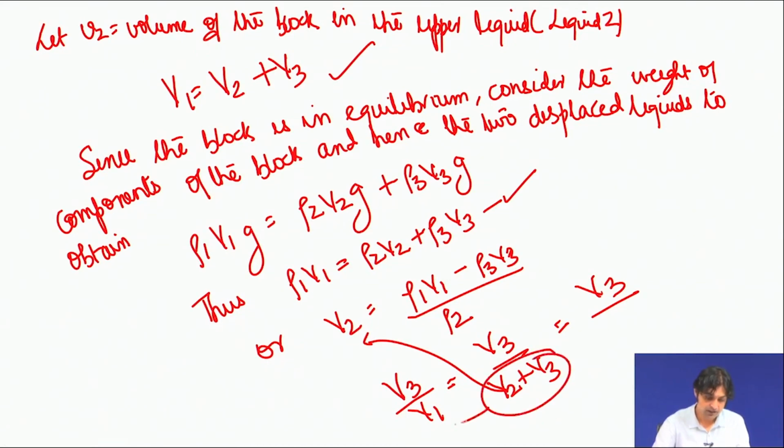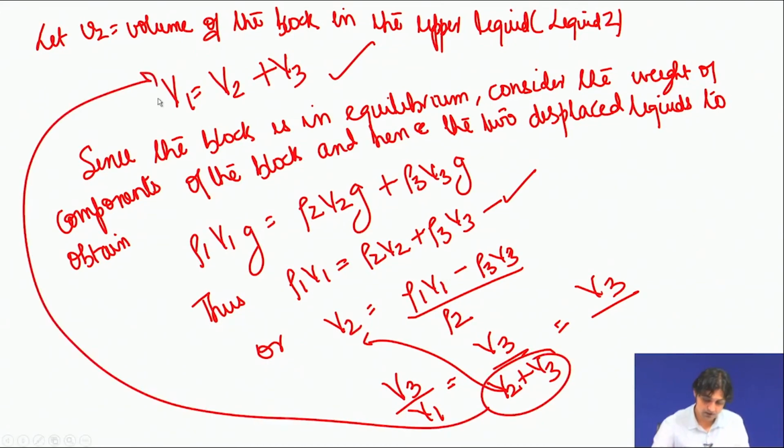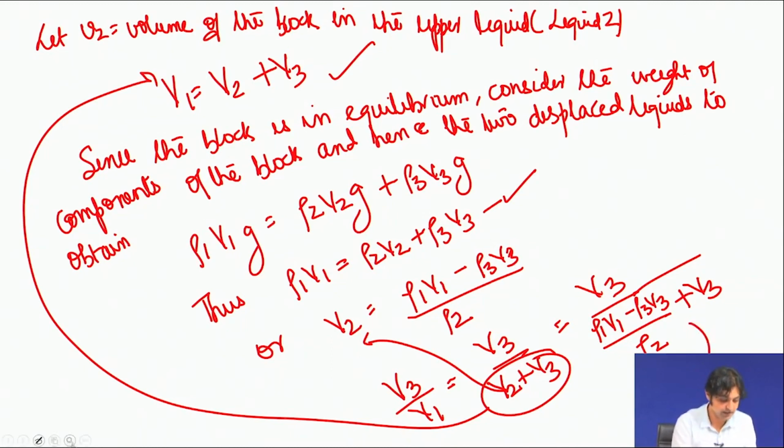And this equation has come all the way from here, so it will be V3 plus, and V2 we are going to use, so it will be rho 1 V1 minus rho 3 V3 divided by rho 2 plus V3. Okay, fine. So we will be expanding this in the next white screen.